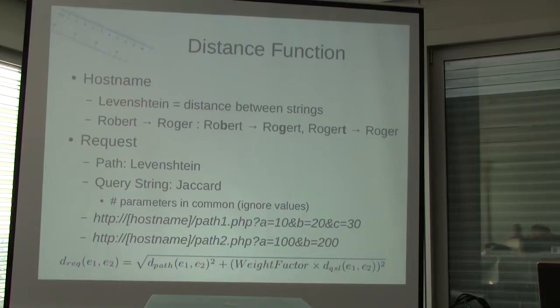We ignore the values in this case because we often saw that exploit kits and botnets have values that change very rapidly. If you bring the values in, it's very hard to cluster these URLs. We put together the path and the query string with this formula, and we have the distance of a request.